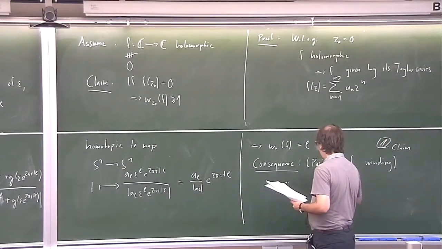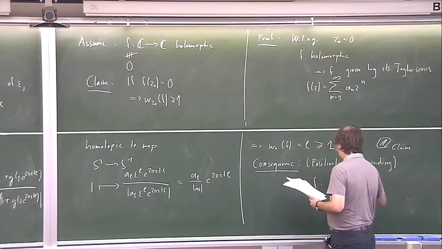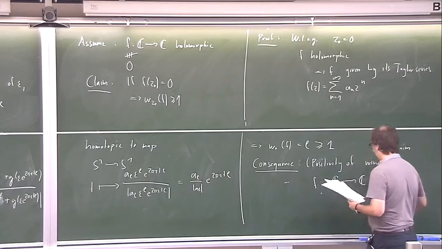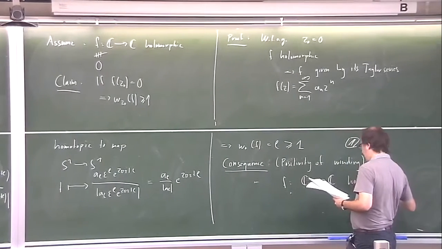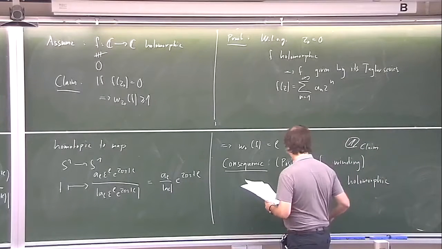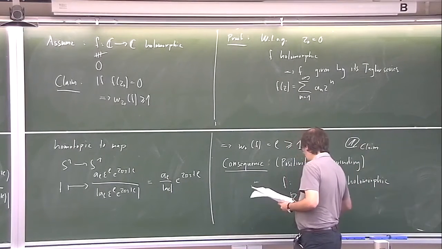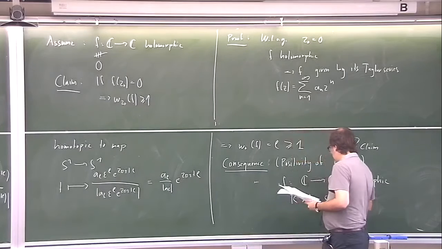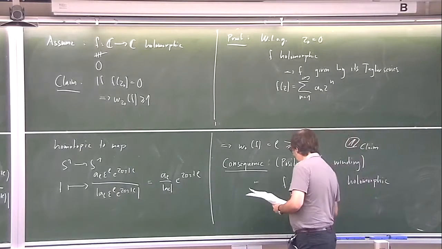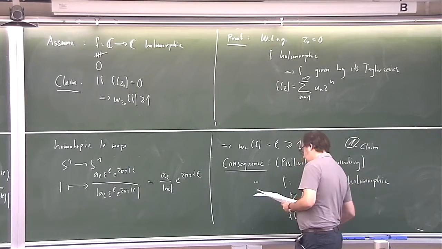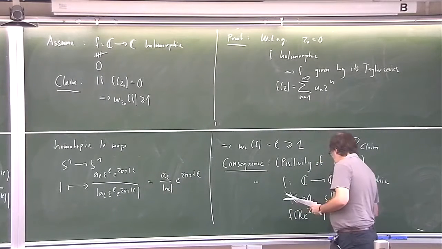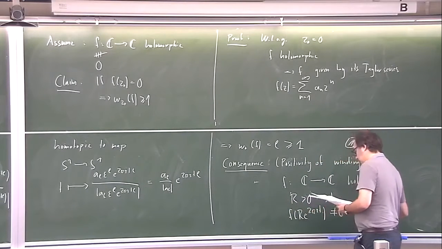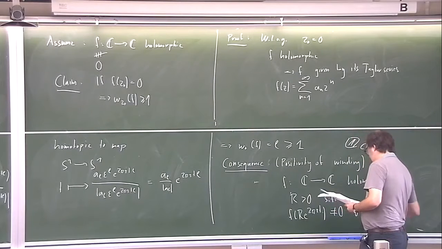Suppose we have f from C to C holomorphic, and we have R bigger than 0 such that f of R e^(2πi t) is different from 0 for all t in S1.